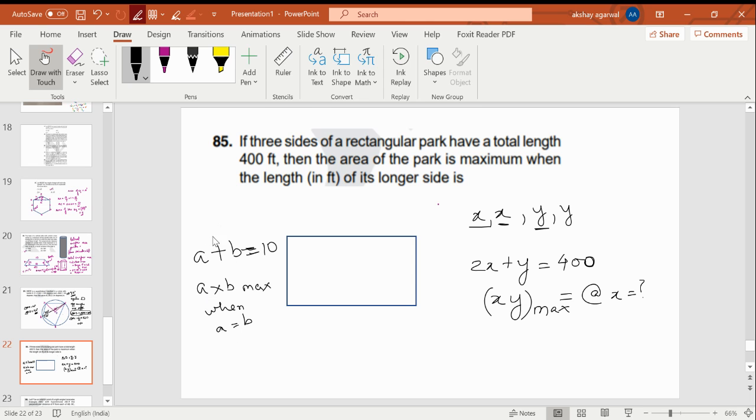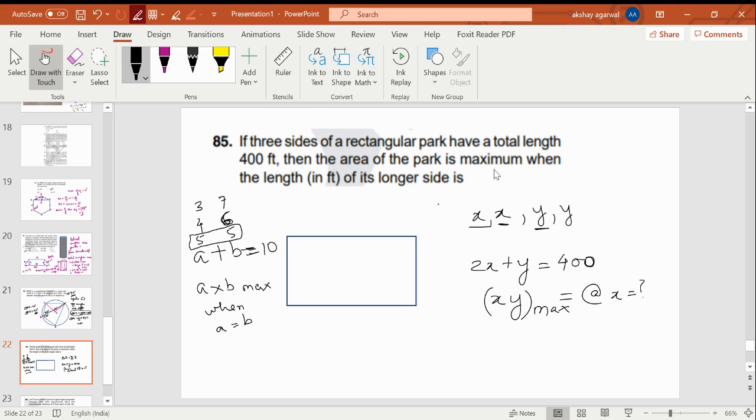The point being, suppose a plus b is 10, they could be 5 and 5. 5 into 5 is 25. They could have been 4 and 6, but if you don't keep them equal, the multiplication will keep on reducing. 4 plus 6 is 10, but 4 into 6 is 24. Had you taken them as 3 and 7, 3 into 7 would have been 21. So the product would have been maximum only when you take them equal.